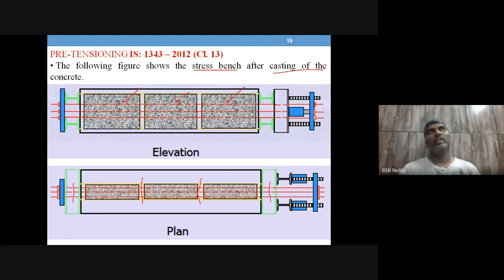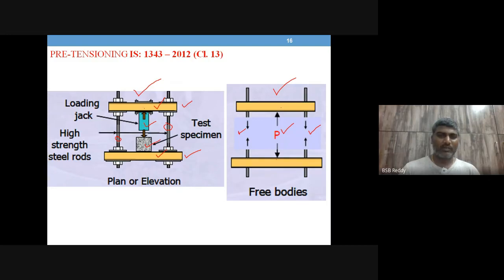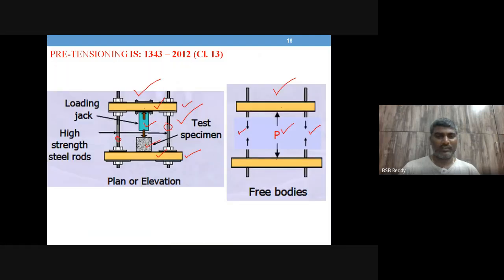the end abutments, which need to be very strong and stiff. They are a costly effort, so they need to be replaced, and that replacement is by a tension frame, a general name, and its operation. That tension frame is adapted to the pre-tensioning operation by naming it as stress bench, by just keeping apart these end frames.